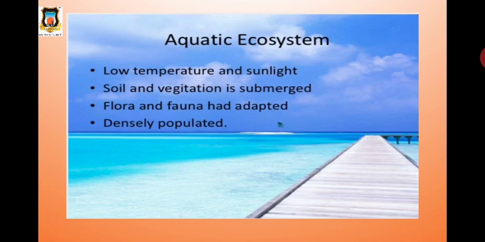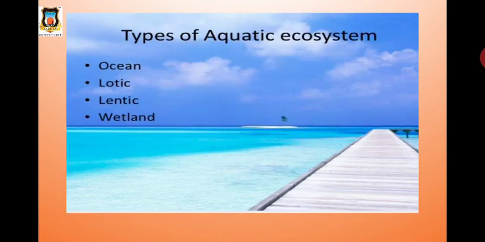The aquatic ecosystems are in low temperatures as well as low sunlight. The flora and fauna have adapted. The types of aquatic ecosystem are ocean, lotic, lentic and wetland.